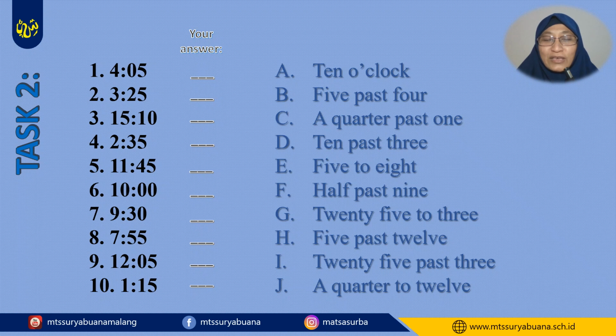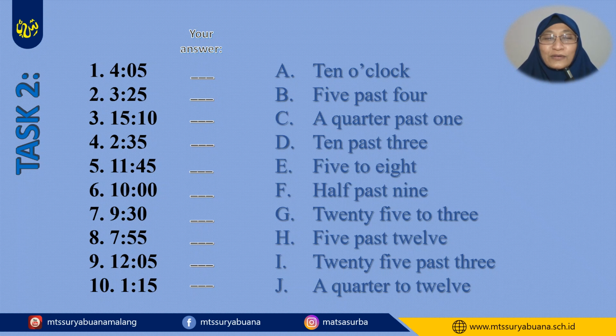Okay, let me give you an example. Number 1. Remember that when reading the time, first of all, you have to look at the minute. Look at the minute first. It's 5, right? So 5 minutes. And the hour is 4.